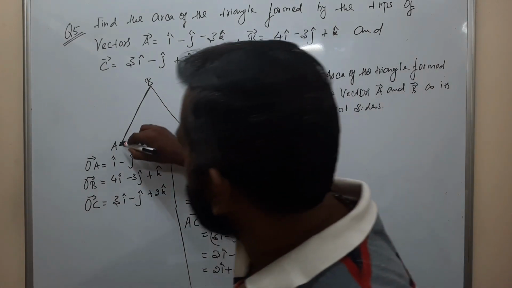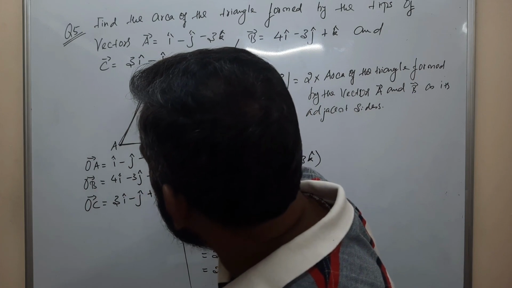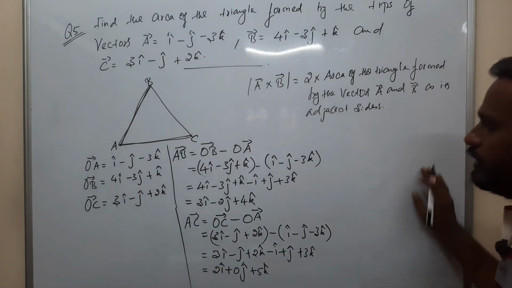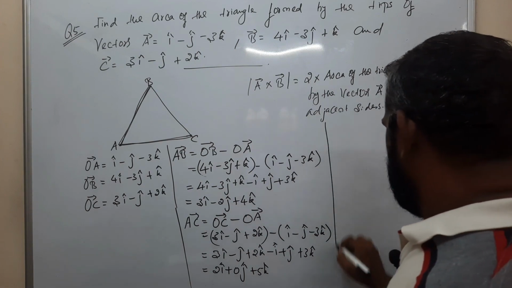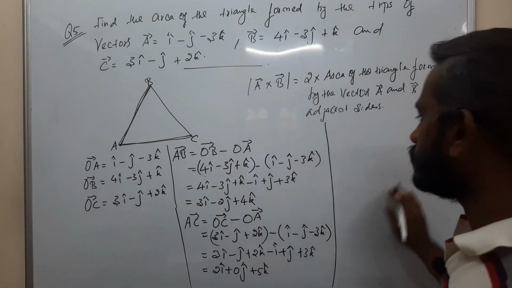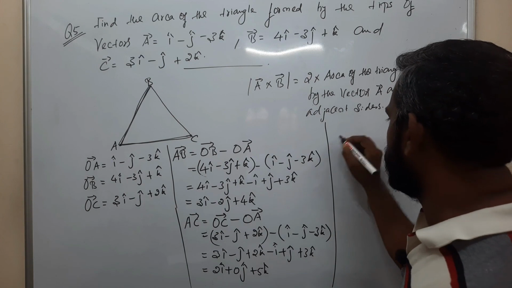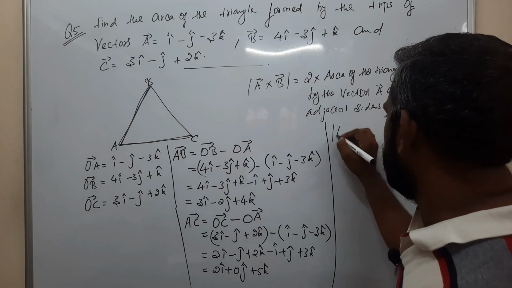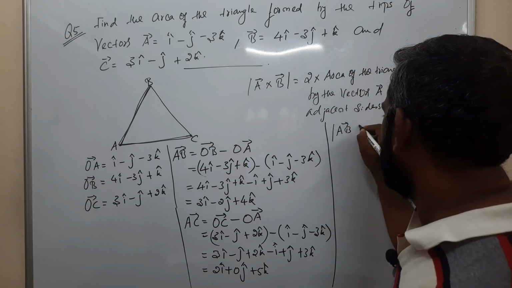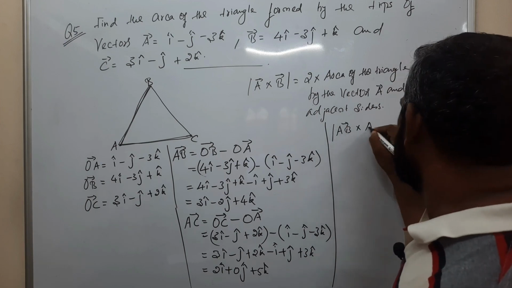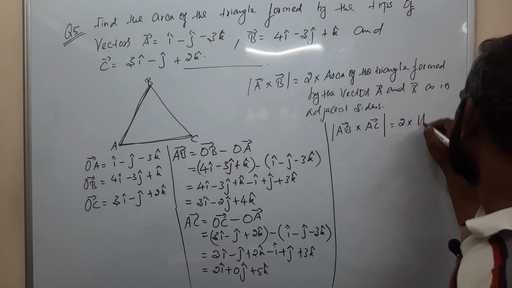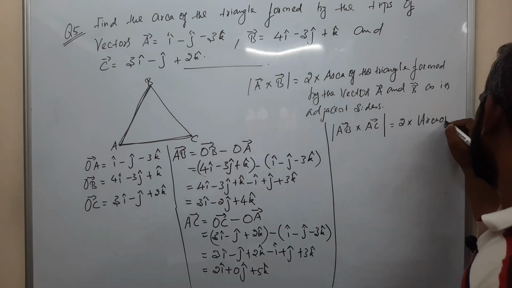So now we got this side of the triangle, the AB vector, and another side of the triangle, this is the AC vector. Okay. So the modulus of AB vector cross AC vector is equal to 2 into the area of the triangle. Am I right?